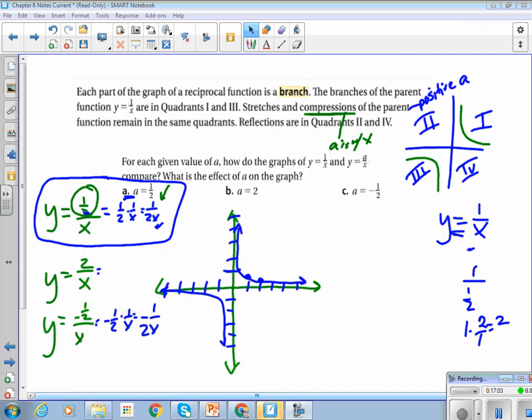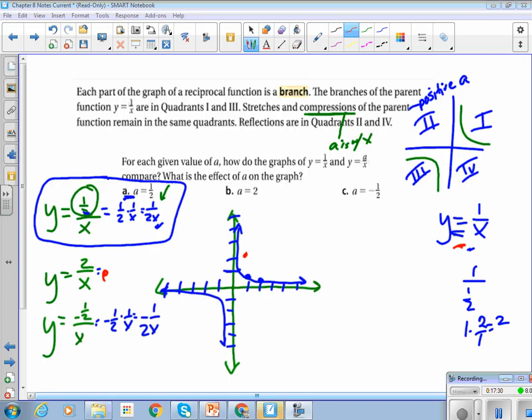All right, so let's see what happens to our parent function. I'm going to do this one in red, when a is equal to 2. So I'm going to double all my outputs. So I put in 1, and in my parent function I should get out 1. But I'm going to double that, so I'm going to get out 2. So it's going to be over 1 up 2.